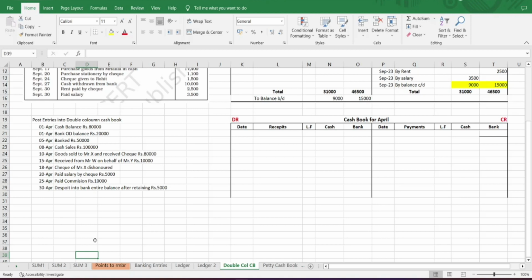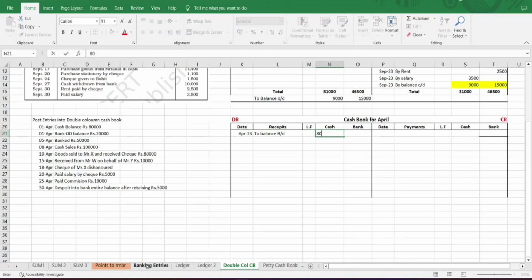OD is a facility of the bank, an OD account, where you can withdraw more than your account balance, where you can overdraw your account. So this is a negative balance and it is affected on our credit side. Let's start the entries. April 1st, to balance brought down.